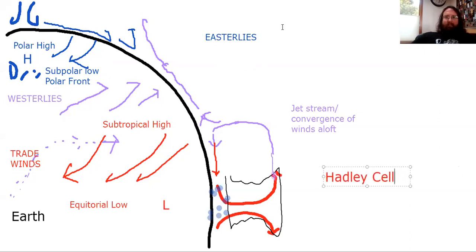In the mid-latitudes and then the polar regions, you have this sort of circulation, convection. Call this the polar cell.